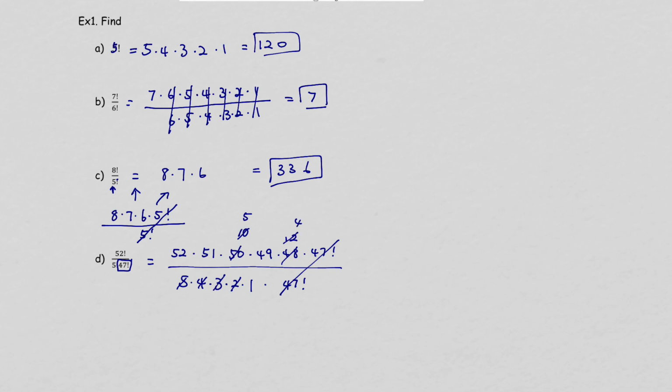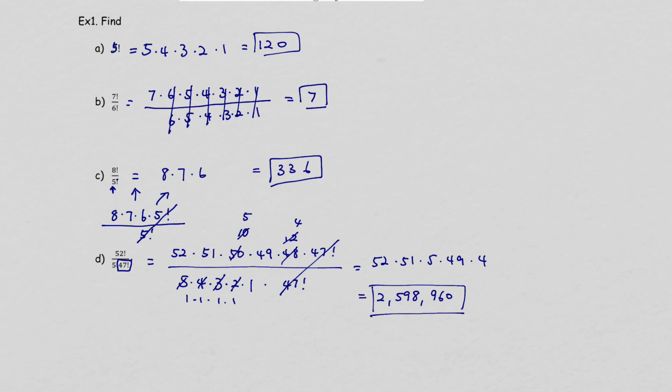So basically the denominator will be 1, and the numerator will be 52 times 51 times 5 times 49 times 4, which gives you a pretty large number. You should be able to figure this one out using the calculator. So this is how you're going to use the factorial.